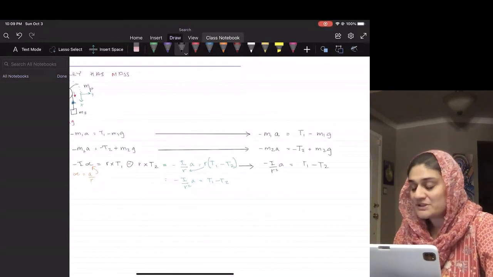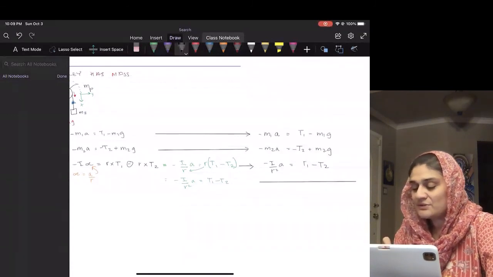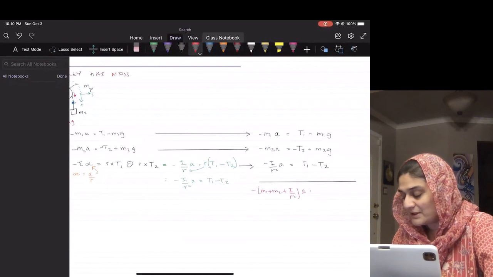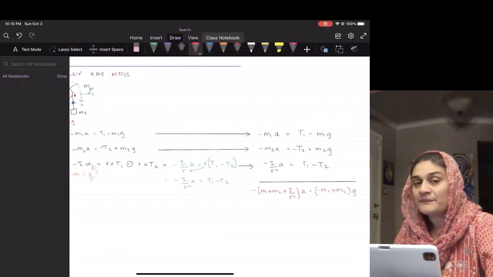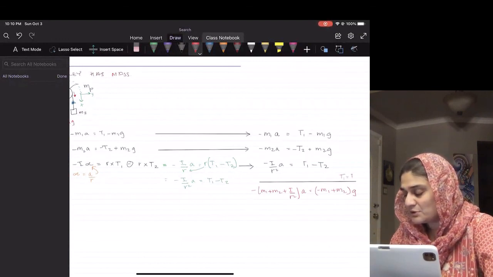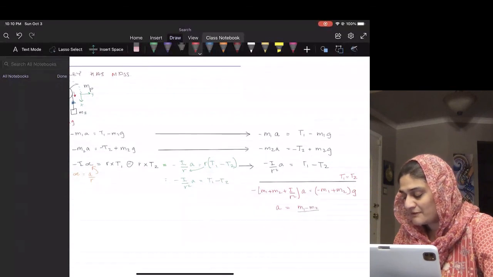I know T1 equals T2, so that means I can add all three equations to give me minus M1 plus M2 plus I over R squared, times a, equal to minus M1 plus M2, g, knowing T1 equals T2, which means I can rewrite a as M1 minus M2 divided by M1 plus M2 plus I over R squared, g.